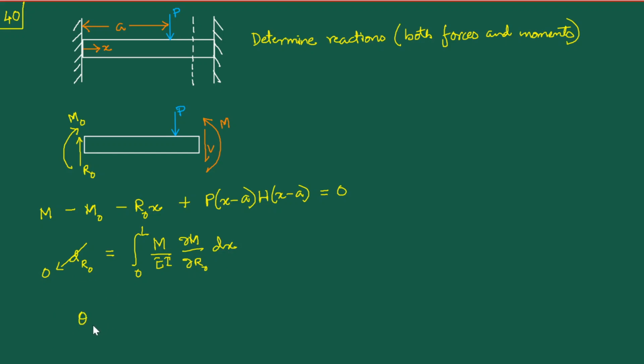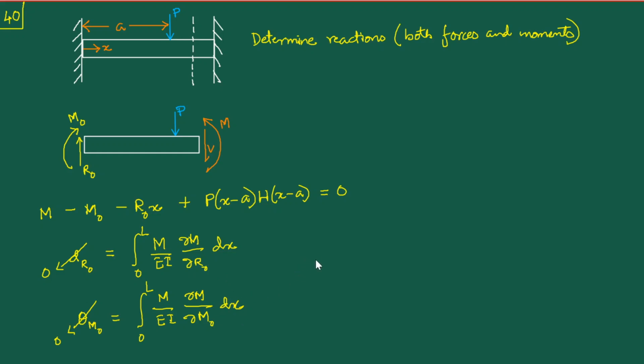Similarly, the theta due to M0, that is integration 0 to L of M by EI, del M del M0 dx, and again this is going to be 0 from physical considerations. So if you just substitute the expression for M here, you'll get fairly long expressions. You can do the algebra on your own, solve them simultaneously, and find the answers.